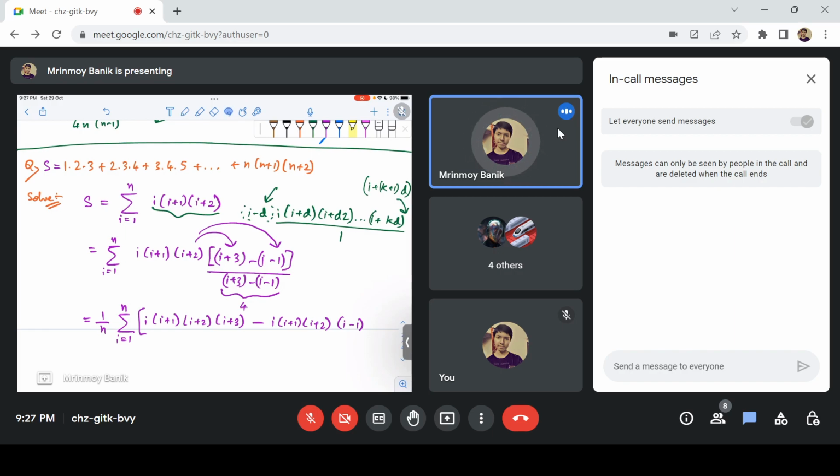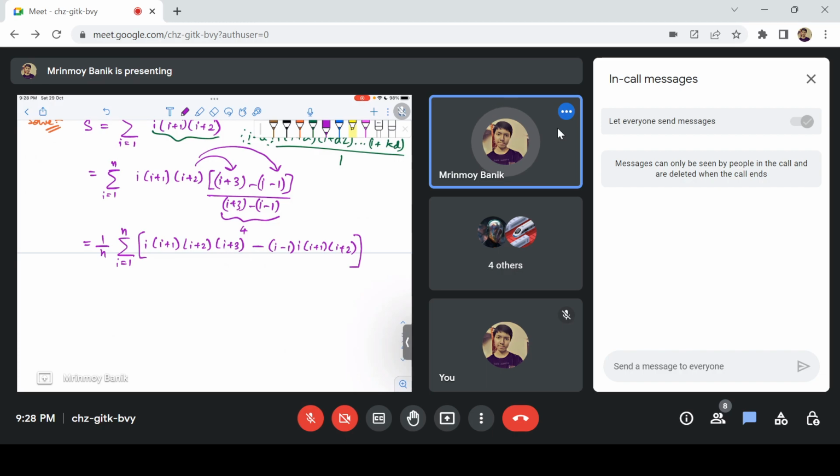Basically, I have to rearrange this a bit. So now you can observe, identify this as P_I, and this is P_(I minus 1).